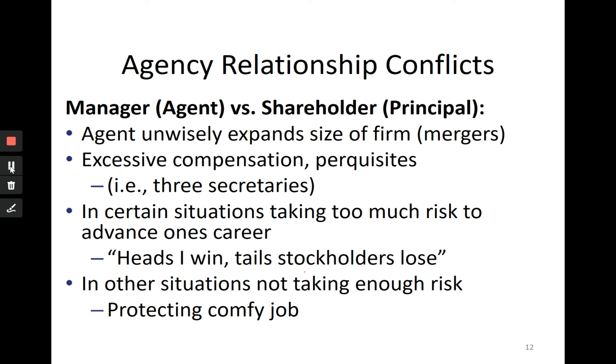Here are some examples that are common in CFA exams. One: the agent unwisely expands the size of the firm. If you are managing a company and managing 1,000 people, that would lead to higher salary, and it would also enhance your labor capital more than managing only 8 people.